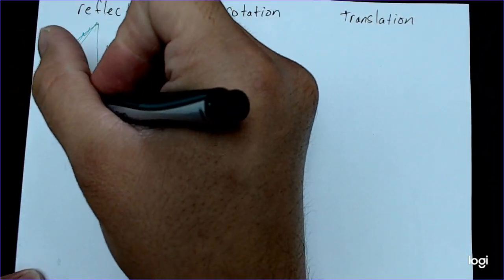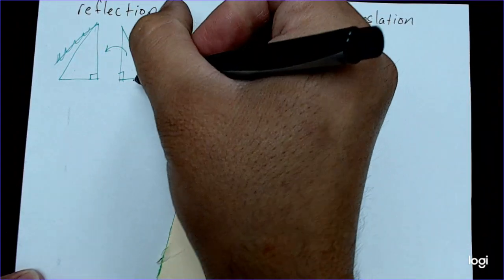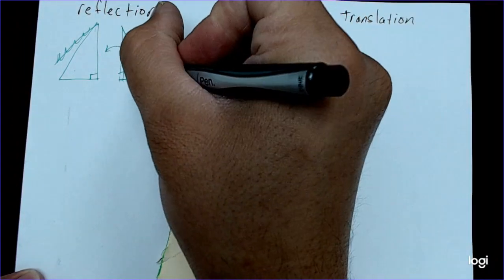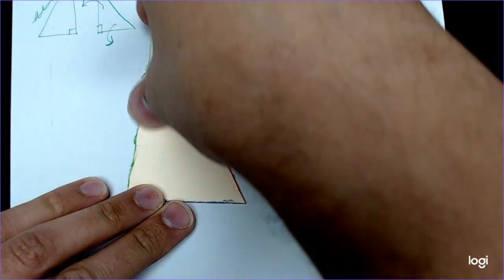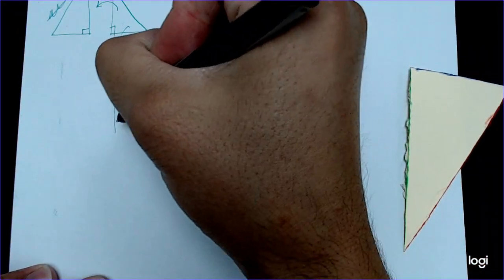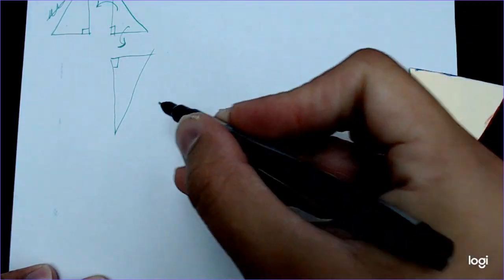So another way that I could do a reflection would be like this. It could be reflected that way along the short side. If I reflect it along the short side, it would go like that. That's another way to do a reflection.